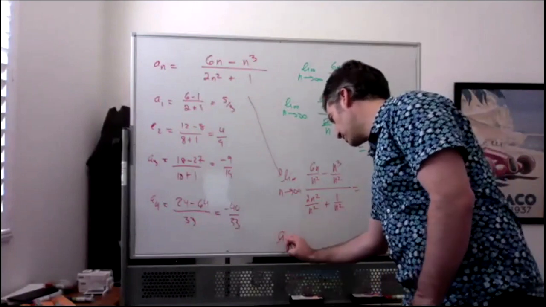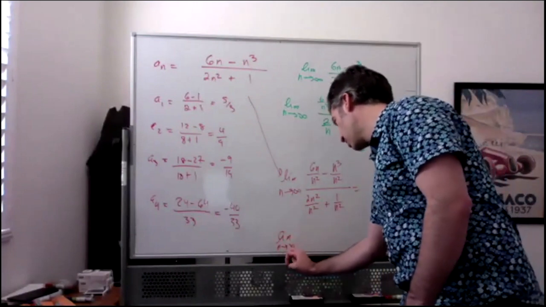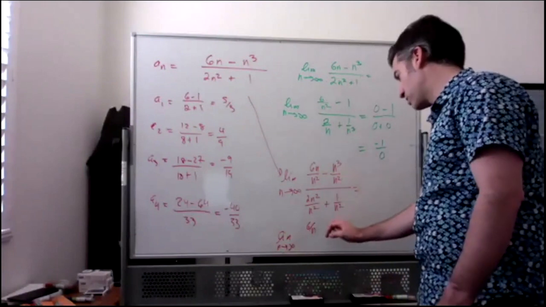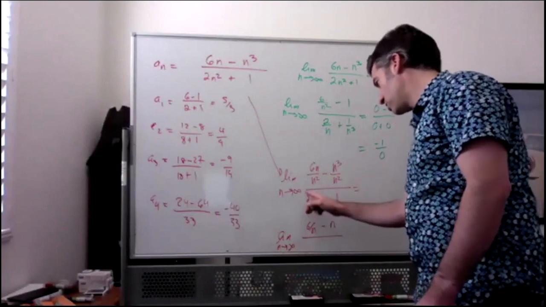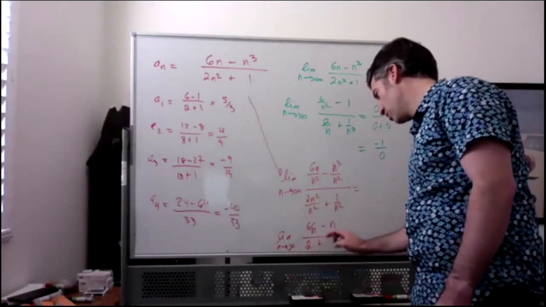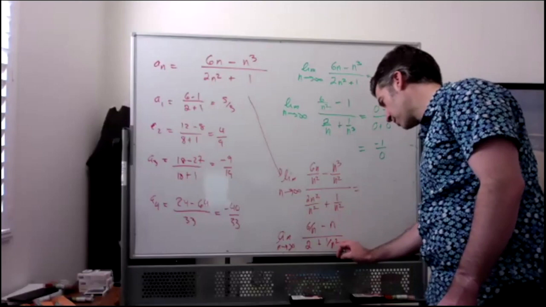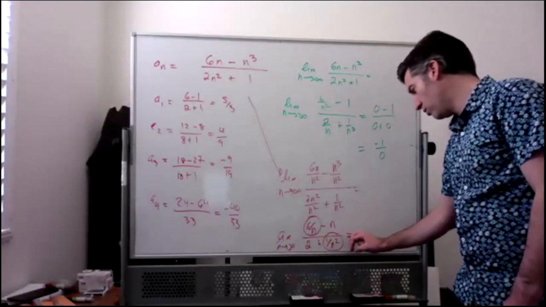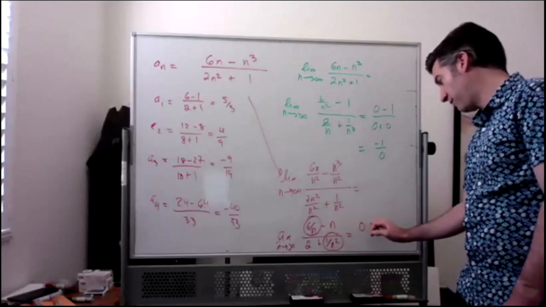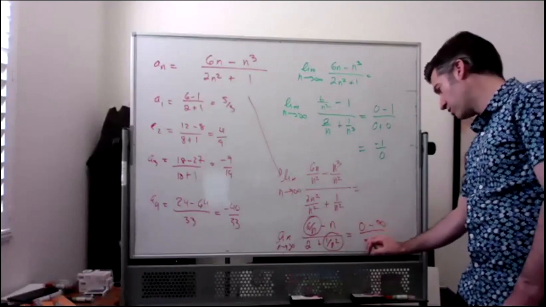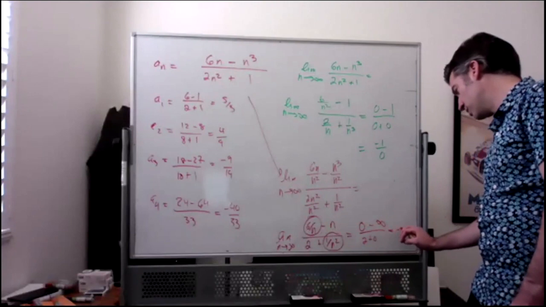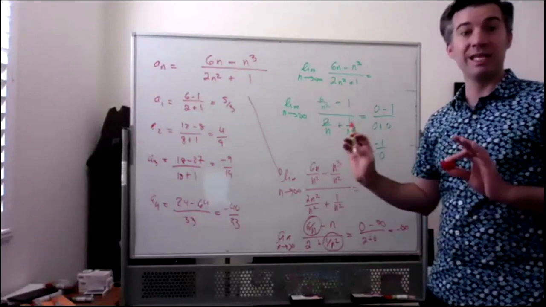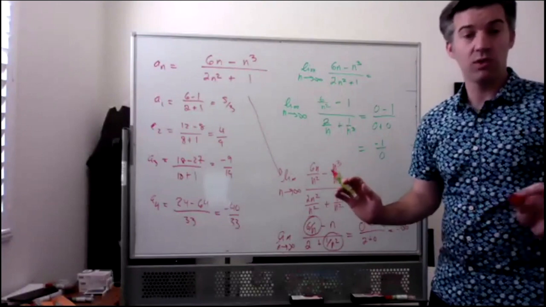And that simplifies to the limit as n goes to infinity: 6n over n squared is 6 over n, n cubed over n squared is n, 2n squared over n squared is 2, 1 over n squared is 1 over n squared. And the things divided by n, those go to 0. So I get 0 minus infinity over 2 plus 0, which is negative infinity. So we would say that this sequence diverges to negative infinity.